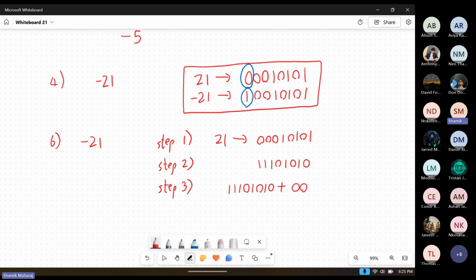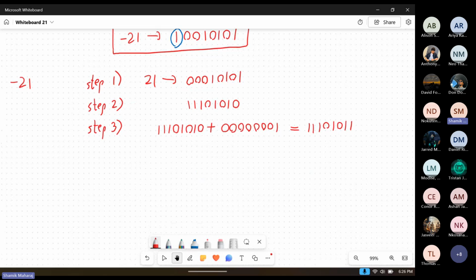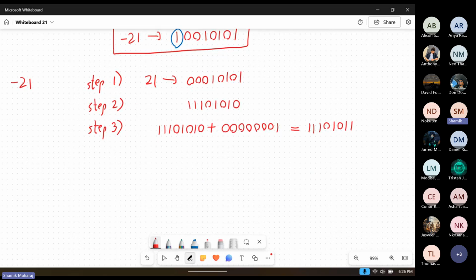So 1, 2, 3, 4, 5, 6, 7 zeros with the binary 1. And the answer is going to be almost exactly the same as the original number, except a 1 at the end instead of a 0. If you can count in binary, if you can see that intuitively, it's good. Don't stress, we will use a method which works all the time.